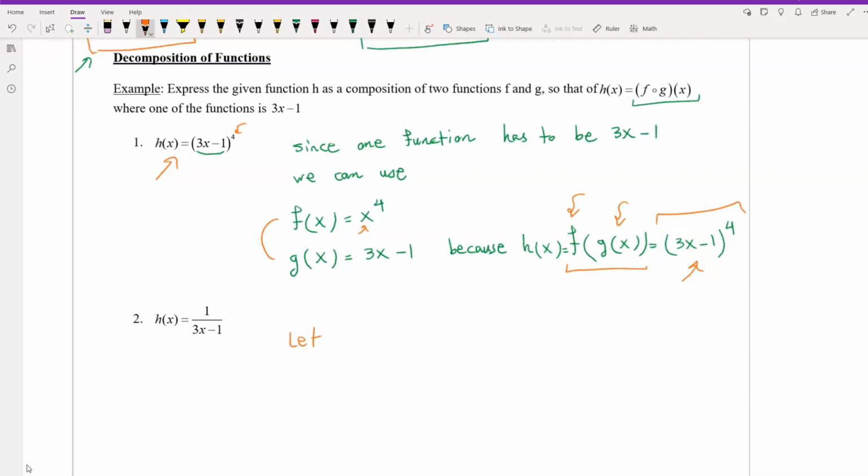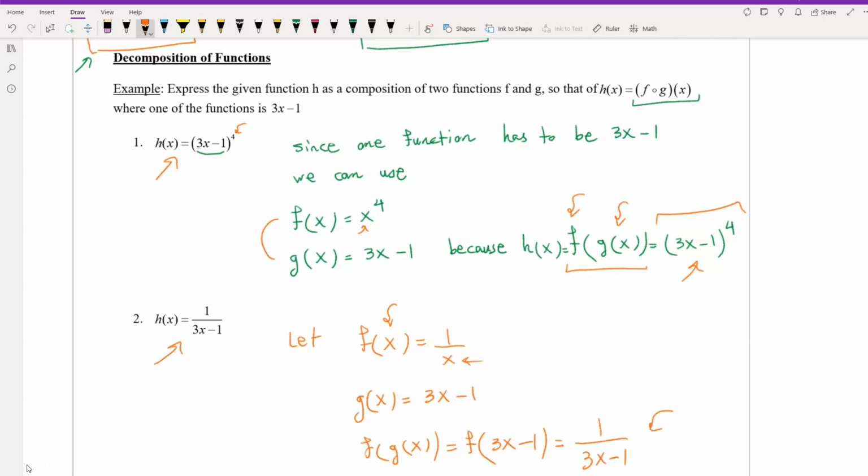So let f(x) equal 1 divided by x, using the same variable, so it's 1 over x, and g(x) is 3x minus 1, and that is because f of g(x) is equal to f of 3x minus 1, and then using this function f, instead of x we have to use 3x minus 1, so that is 1 over 3x minus 1, and this is exactly the same as what we have here on this part. So our answer is correct.